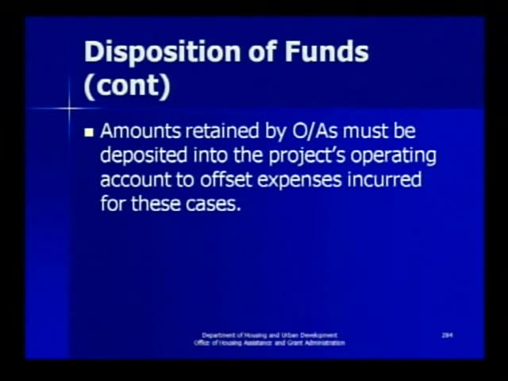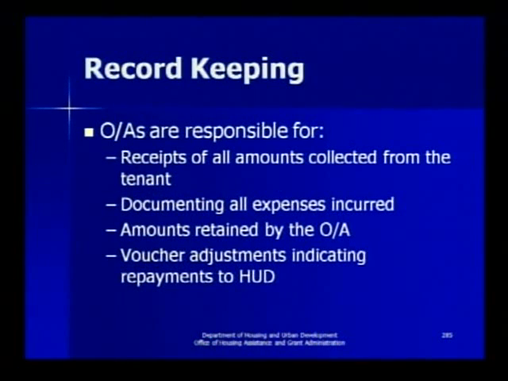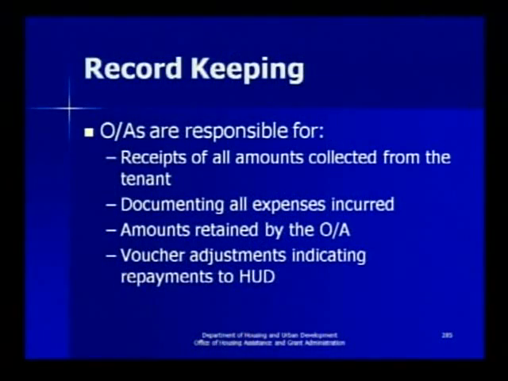The amounts retained by the owner agents must also be deposited into the project's operating account to offset the expenses incurred for these cases. Now, for record keeping, to keep track of the repayment agreements and all costs that were kept, or the up to 20% of the funds actually received, owner and agents are responsible for keeping their receipts of all of the amounts collected from the tenant, documenting all of their expenses incurred, and the amounts retained by the owner agent.